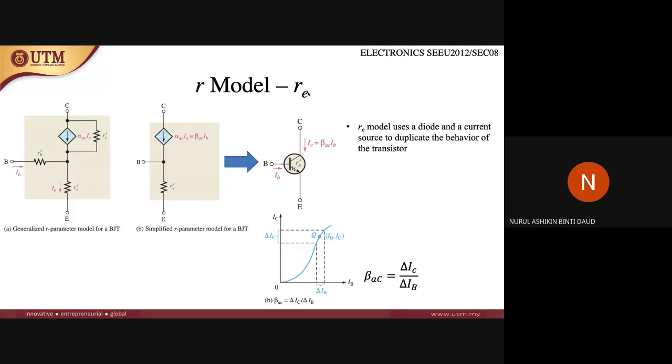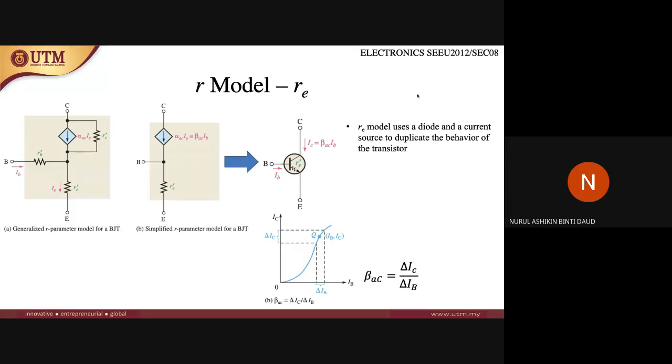In the RE model, all the parameters are defined by actual operating conditions. H parameters, or the hybrid model, use general terms for any operating conditions.